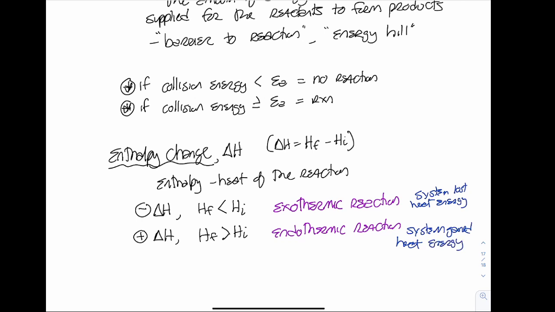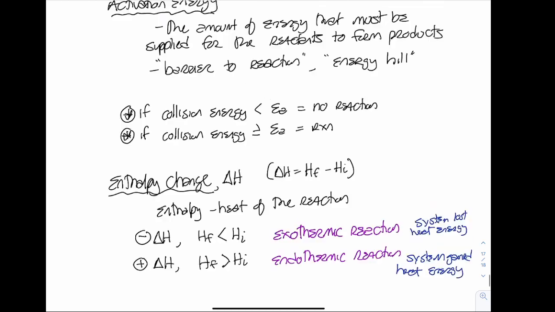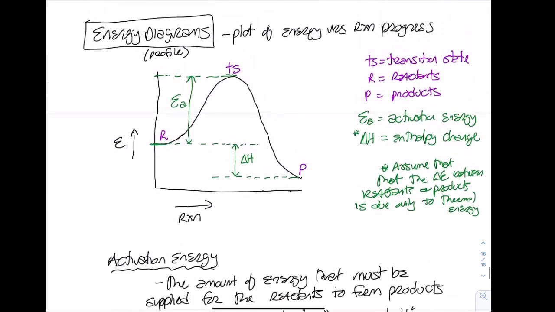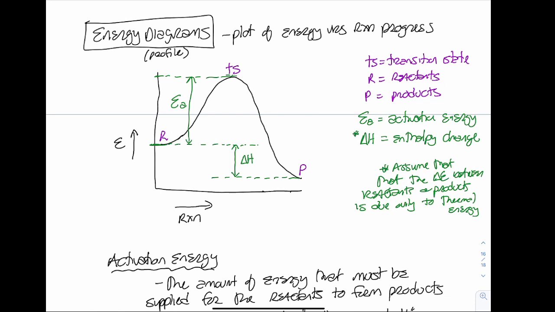So going back up to our reaction here, is this an endothermic or an exothermic reaction the way that I drew it? Compare the energy of your reactants to your products. Remember, energy is increasing up my axis. My product energy is right here, my reactant energy is right here.